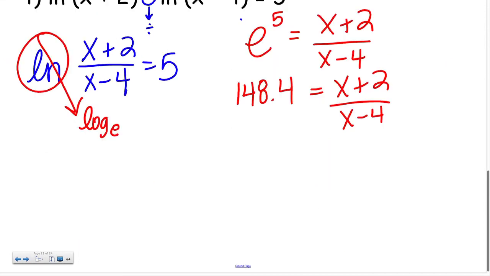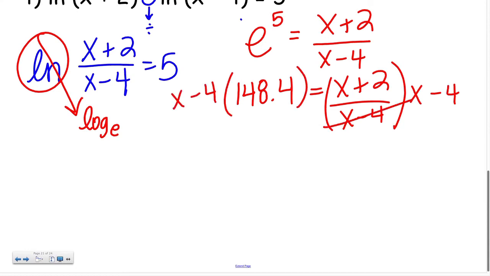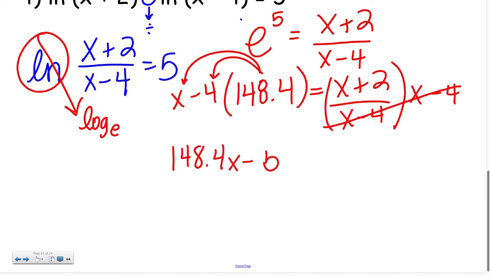Now I'm going to solve. To get those x's all by themselves, I've got to get one out at the bottom first. So I'm going to multiply both sides by x minus 4. I'm going to distribute. Put that in my calculator. Okay.